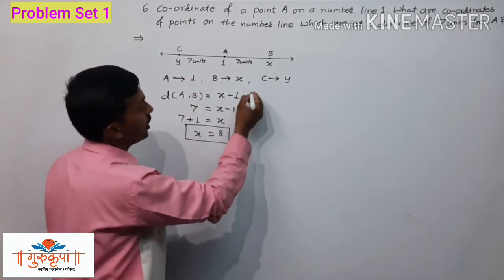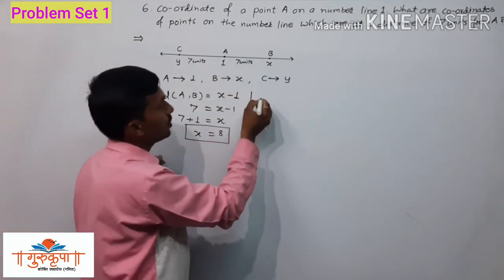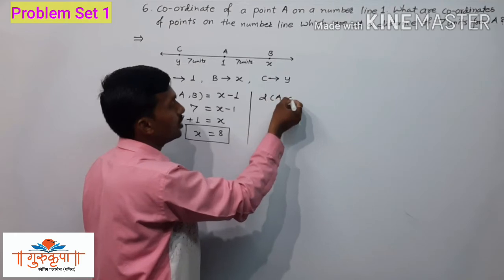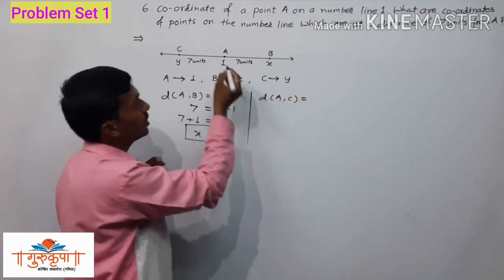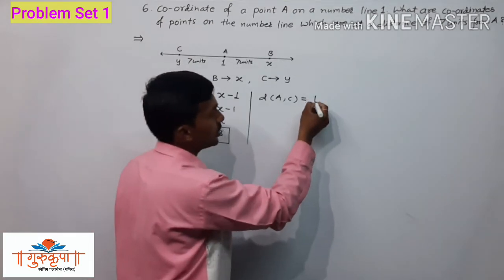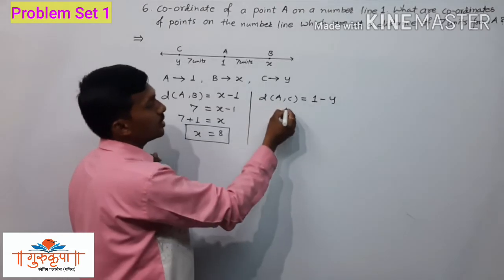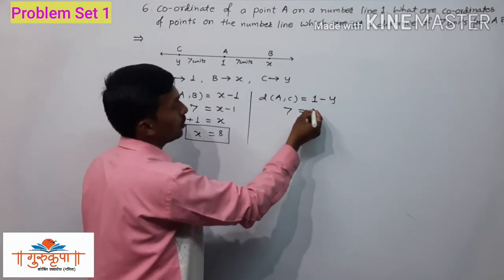Now we have to get the value of y, that is distance AC is given 7 units. So you can write here distance AC is equal to bigger coordinate, which is 1, minus smaller coordinate, which is y. Here we can write distance AC is equal to 1 minus y. Now distance AC is given 7 units, that is equal to 1 minus y.